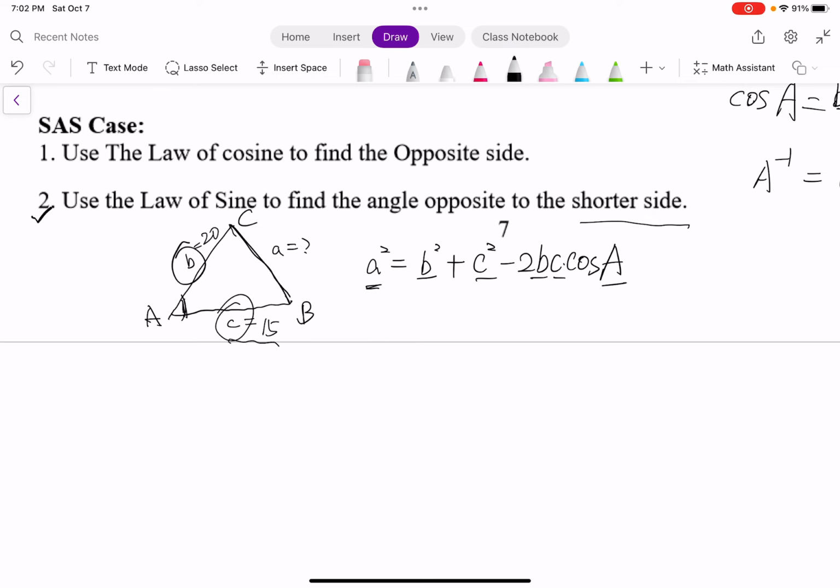And then I can use a over sine A, where I found my a from step 1 and angle A is given. And since c is shorter, I'm using c over sine C. So c, a, and uppercase A are all given. I can find angle C by using the law of sines.